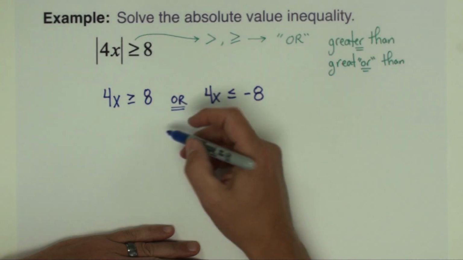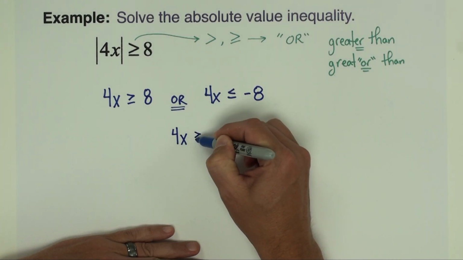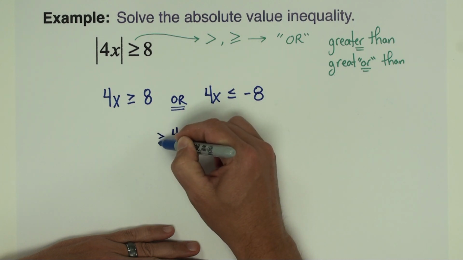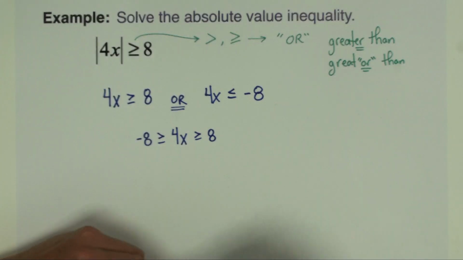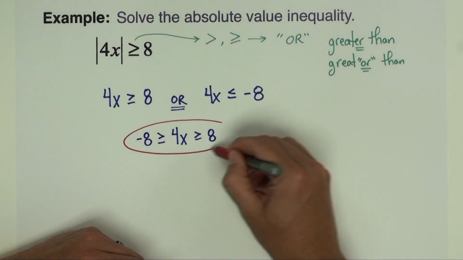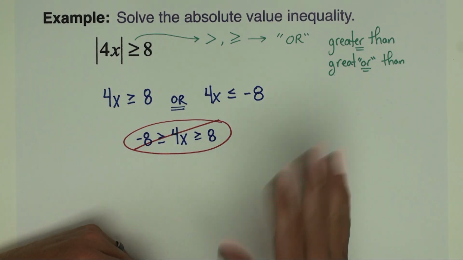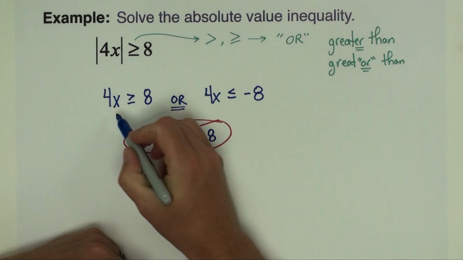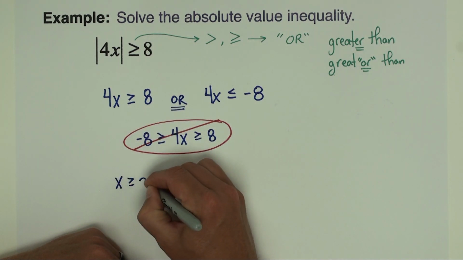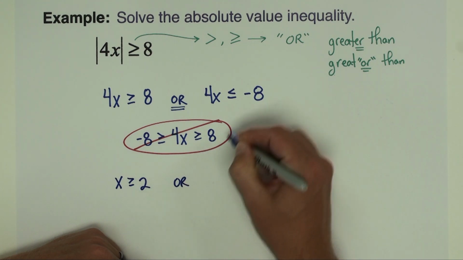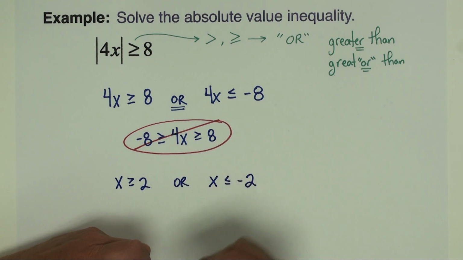And hopefully that's obvious why. Like, do not do this. You don't want to do 4x greater than or equal to 8 and less than or equal to negative 8. Okay? Let's mark that out. Do not do that. I'll explain why in the end, but for now, just definitely don't do it. Come back up here. If we divide by 4, we get x is greater than or equal to 2. Or here we divide by 4, we get x is less than or equal to negative 2.